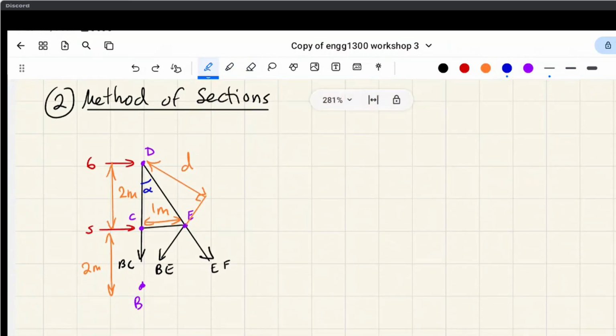Right. Okay. So let's figure out alpha. We do need it. So alpha, we have this half angle again, which was this.